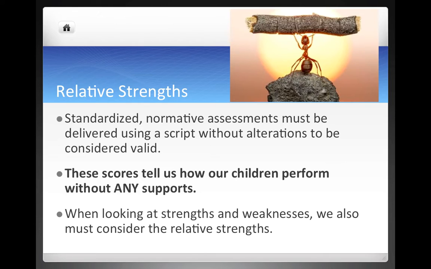But when we look at those scores and we analyze them, we're also going to see areas of relative strength, areas where the child is performing more closely to the average range. And we really want to focus on those and help to utilize those strengths to bridge the gaps across other areas.